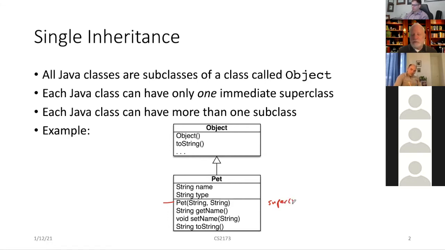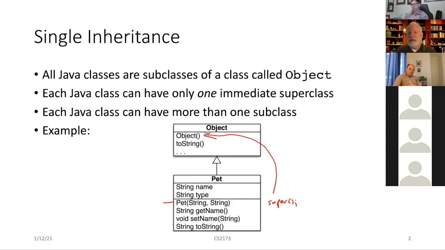The call to super is just like that. What super refers to is the immediate superclass of a class. And super, in this case, will call the constructor of the superclass, in this case, the object constructor, before it does anything.